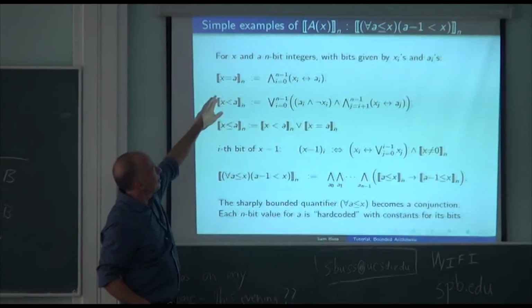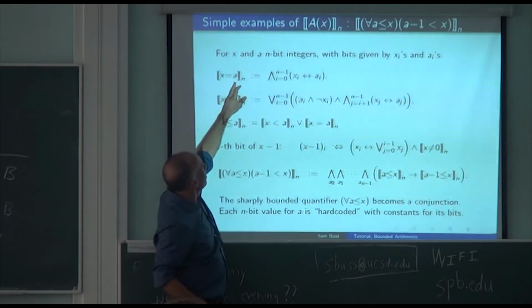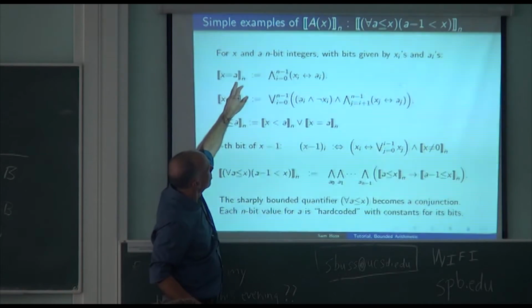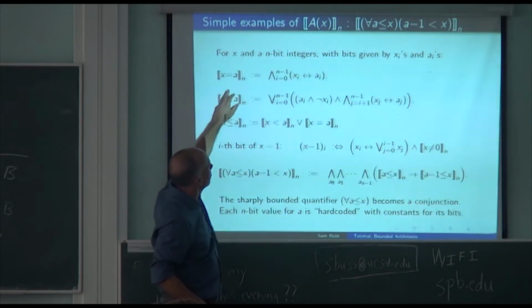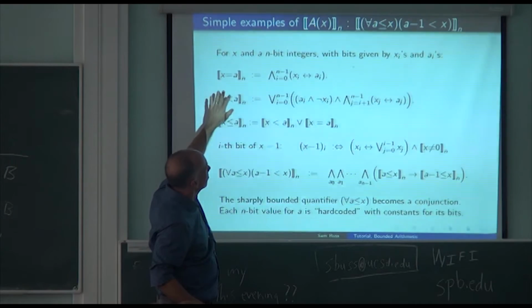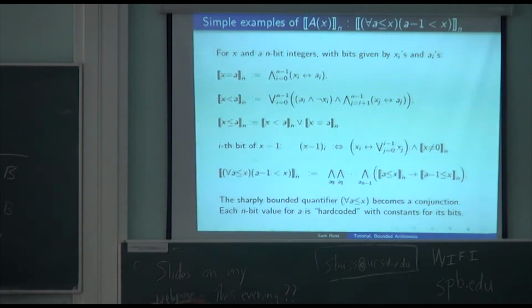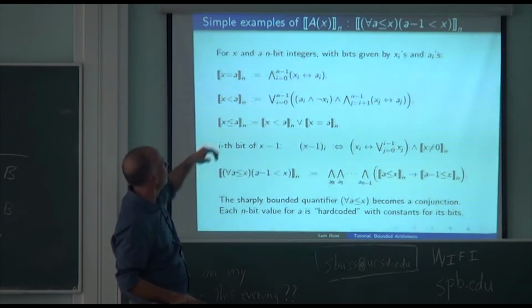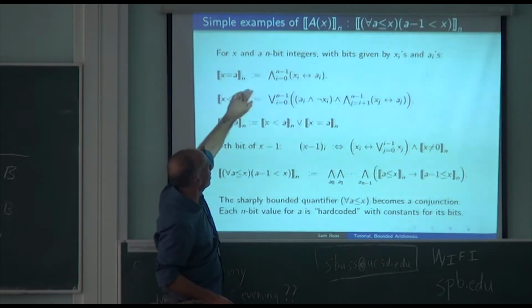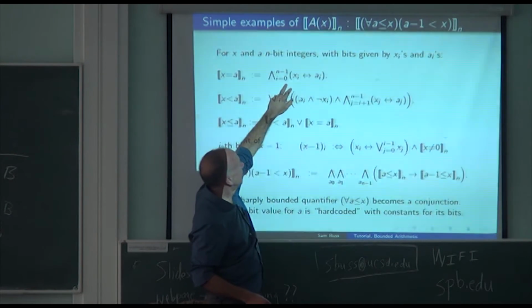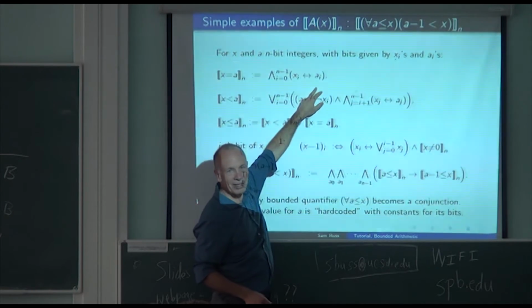So basically, the translation is the following. A formula x equals a is written as a conjunction of the ith bit of x being equivalent to the ith bit of a.